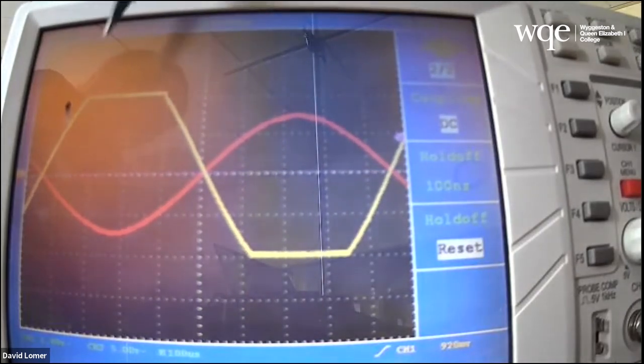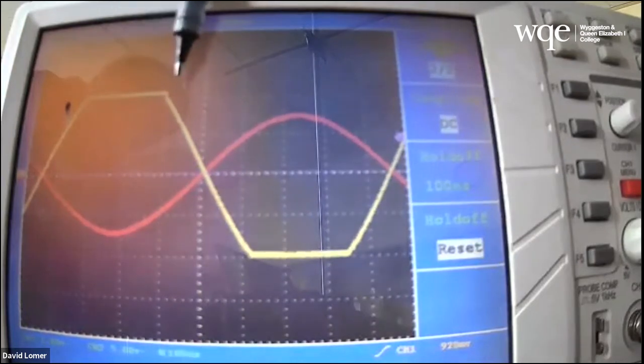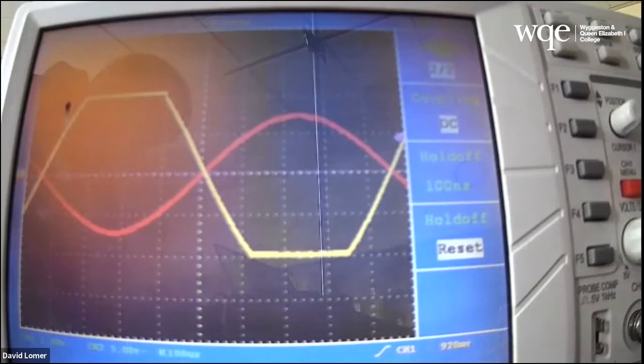So you should notice that it loses the curve at the top. And that's called clipping. And it's a form of distortion. And if that happens, it really is a problem in the electronic system. Okay?